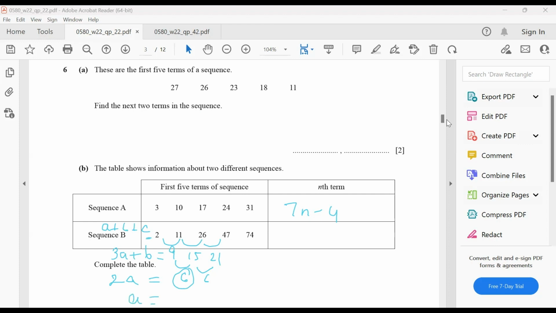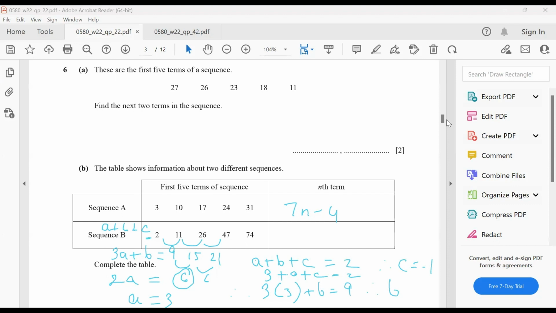So if we have 2a equal to 6, we know that a is equal to 3. If a is equal to 3, therefore 3 into 3 plus b is equal to 9. Therefore b is 0. And then we have a plus b plus c is 2. So we know that a is 3, b is 0, plus c is equal to 2. Therefore, c is equal to minus 1.